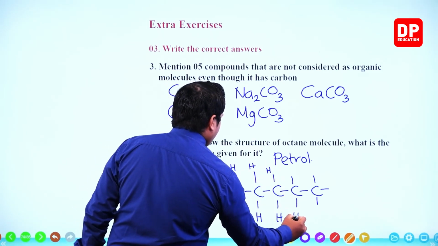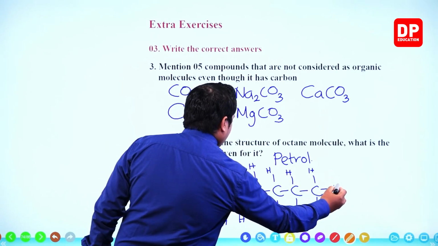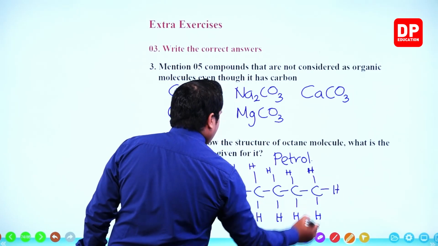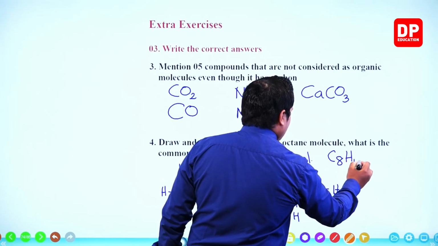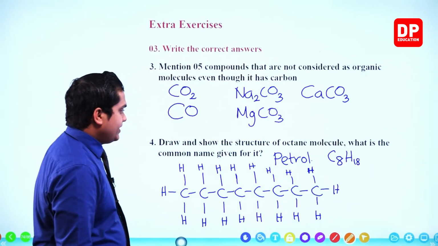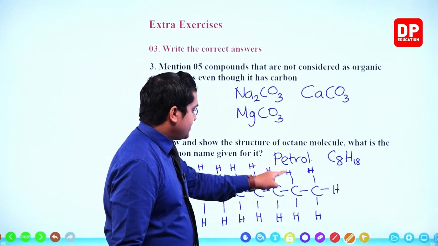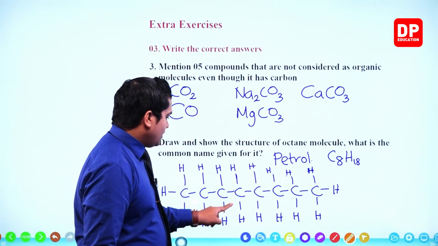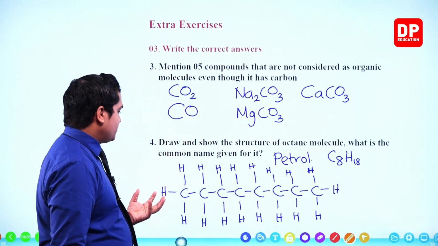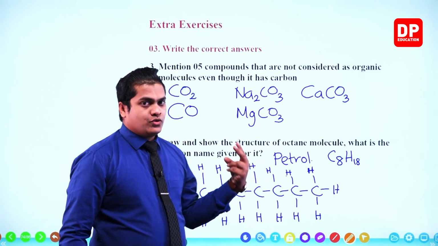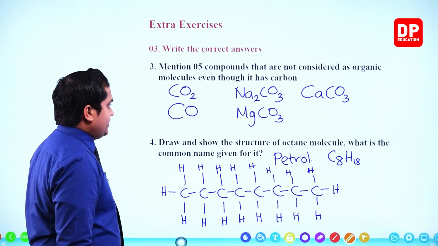This is octane. C8H18. Let's see whether there are 18 hydrogen atoms. 1, 2, 3, 4, 5, 6, 7, 8. 1, 2, 3, 4, 5, 6, 7, 8. 8, 8, 16. That one over here, this one over there. 16 plus 2, 18. So our answer is correct. Right. Then the next one.